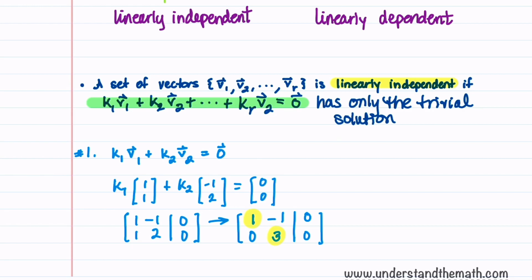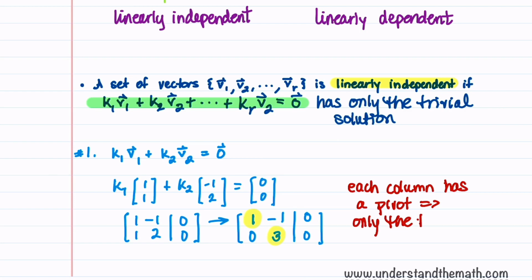Let's summarize this here. Each column has a pivot. So that tells us that we have only the trivial solution. Which tells us that k1 is equal to 0 and k2 is equal to 0.